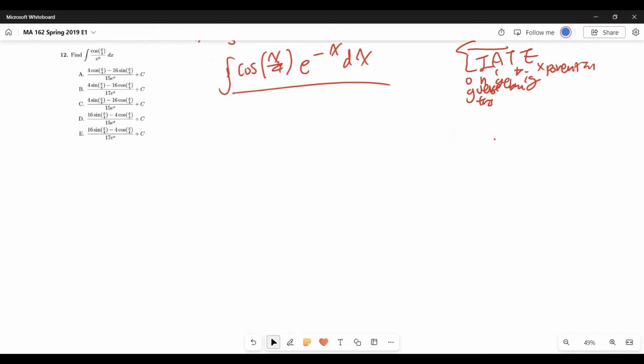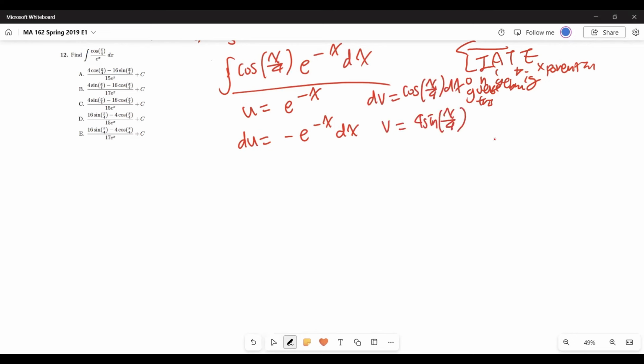In this case, our u is e to the negative x, and our derivative for this is negative e to the negative x dx. And our dv would be cosine x over 4 dx, and our v becomes 4 sine x over 4. And if you remember the integration by parts formula, it's uv minus the integral of v du.